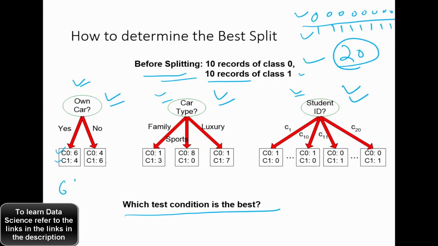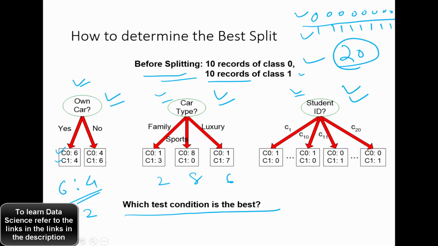So that's 6 to 4. If this is car type, you can see if it is family, then 1 and 3, sports, then 8 and 0, luxury, then 1 and 7. More distribution, right? With 6 and 4, the difference is very close, only 2. Here in this case it's 2 and 8, the difference is 6.